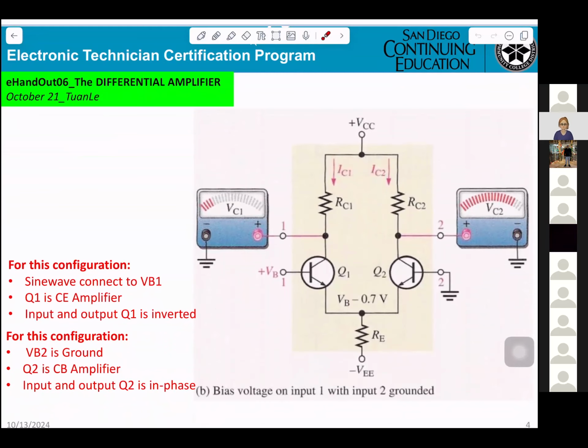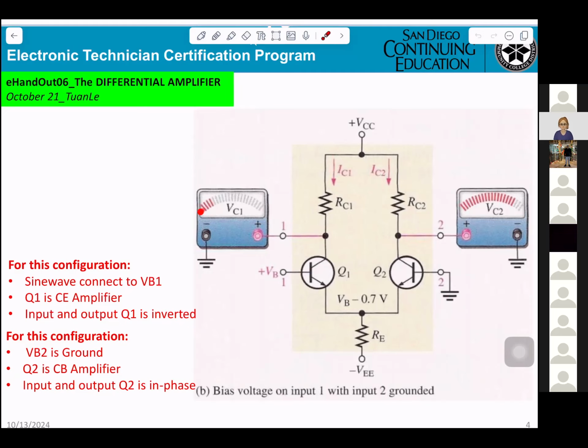Now we'll see what they try to do in the next one. They ground Q2 right here. They apply the input to Q1 and they connect the meter to output 1.